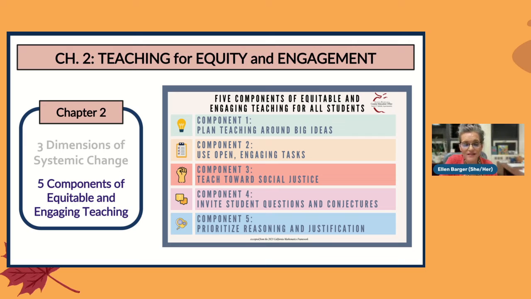Component 3, teaching towards social justice, helping students develop mathematical identity and power. Component 4, inviting student questions and conjectures, and not only inviting them, but modeling them, making them the center of the classroom, and prioritizing reasoning and justification.